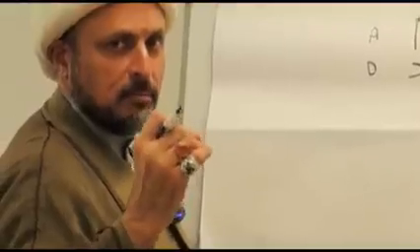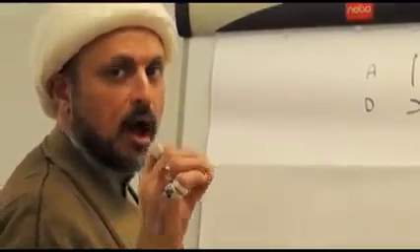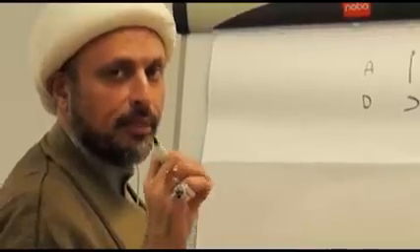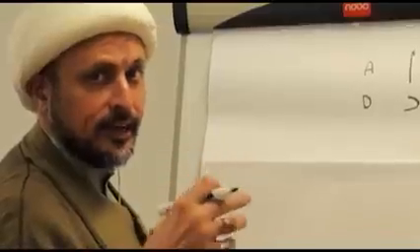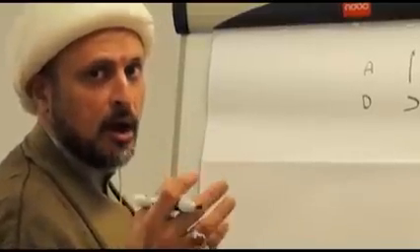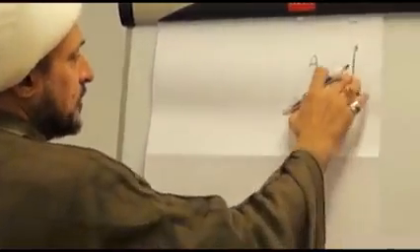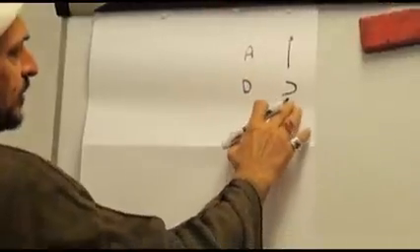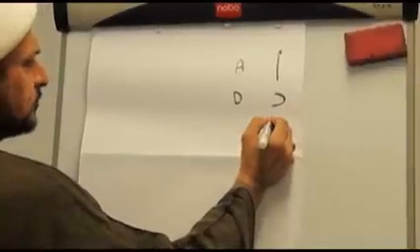Like ba, ta, tha. Basically in the Arabic language, we use the A sound as our standard. A, ba, ta, tha, ja, ha. So this Alif is the A sound, D is the Da sound.